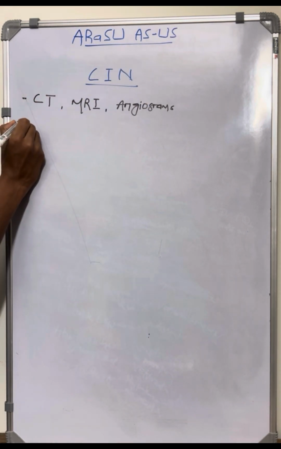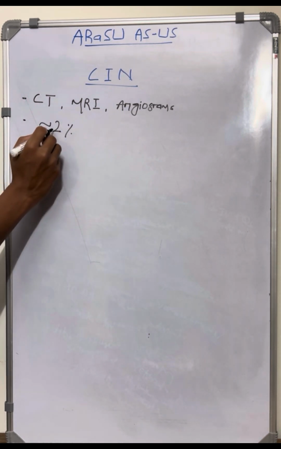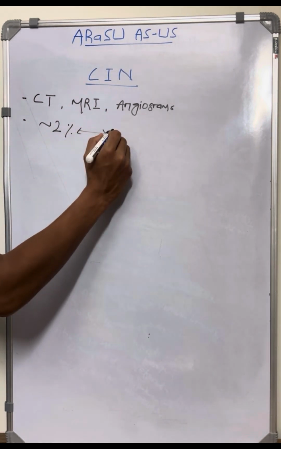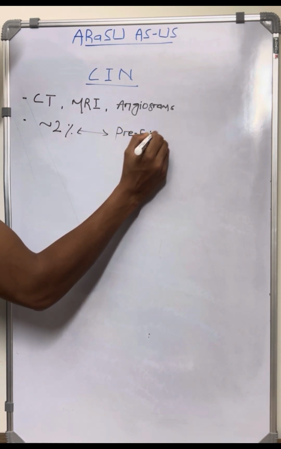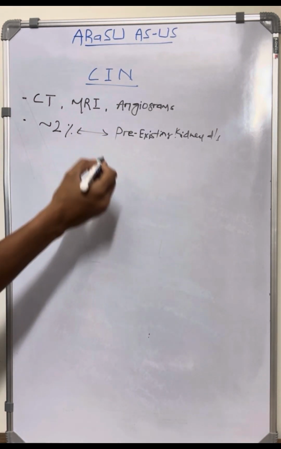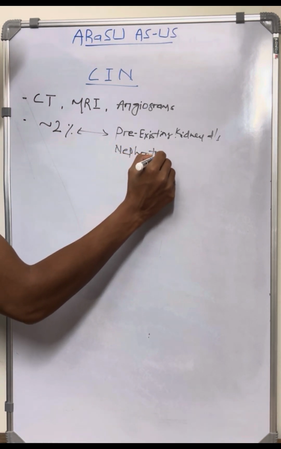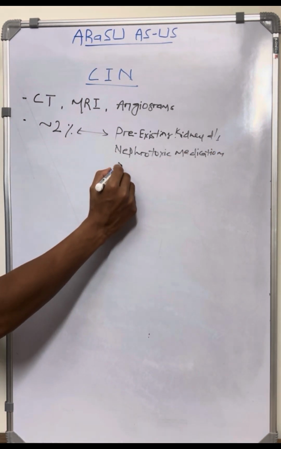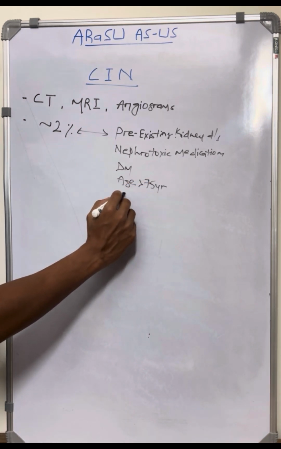But the thing is, its incidence is only about 2%. So this we have to remember. Incidence is very low. But suppose there are some risk factors in that particular individual. For example, if there is pre-existing kidney disease, or if the individual is taking any nephrotoxic medications, or if the individual is diabetic, or age is more than 75 years, or there are signs of dehydration already.